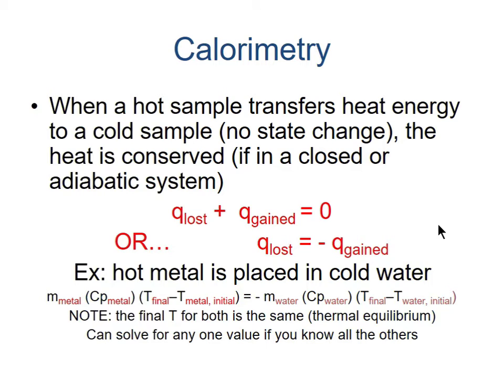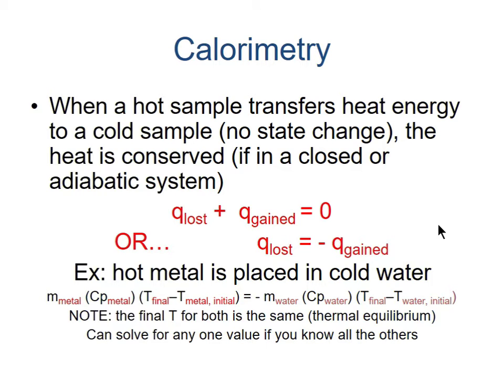Again, we said when a hot sample is adjacent to a cold sample or a cold surroundings or vice versa, then heat must be conserved, and so the hot object will be losing heat energy and transferring it to the cold object.